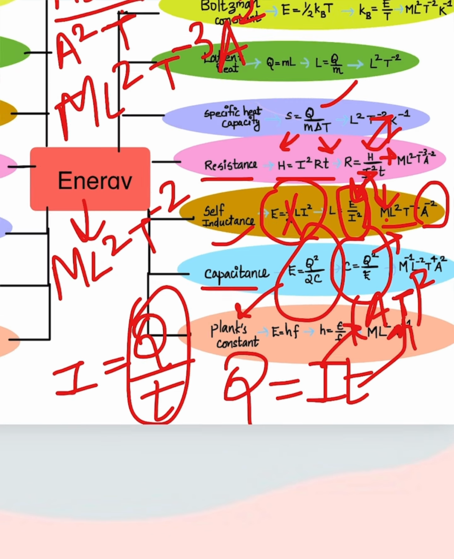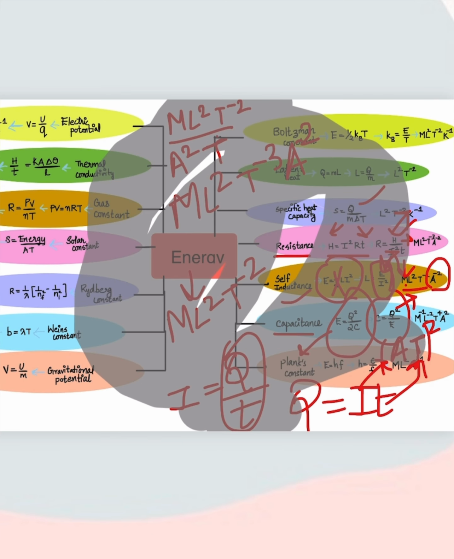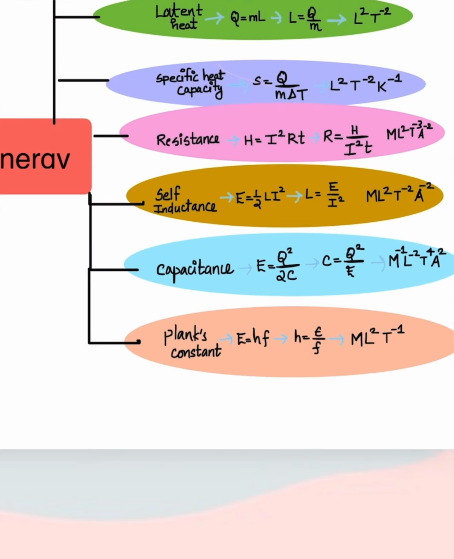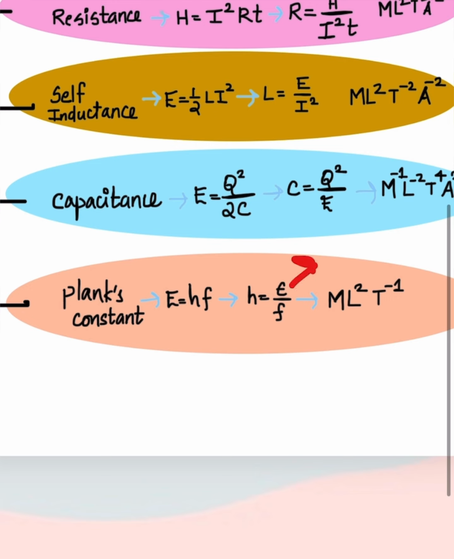Planck's constant: E is equal to h nu. Energy is ML²T⁻², and nu is the frequency.